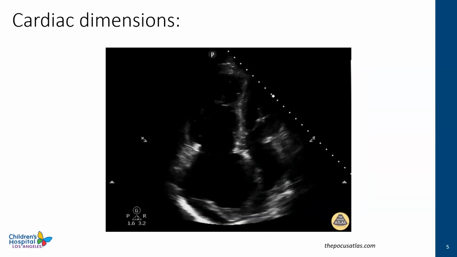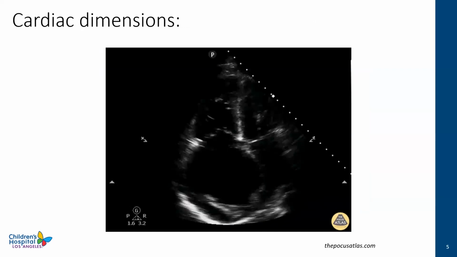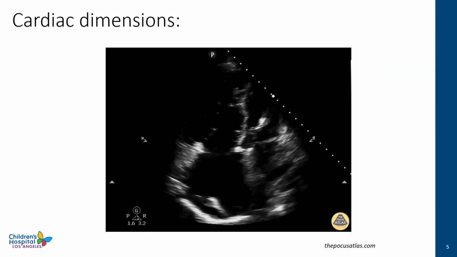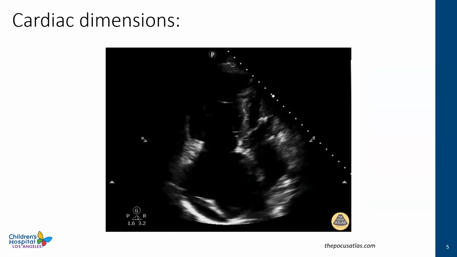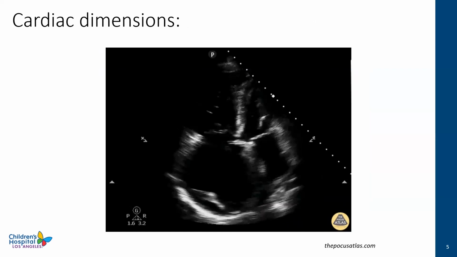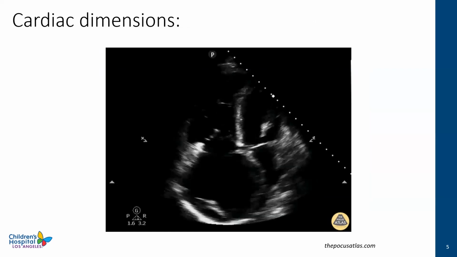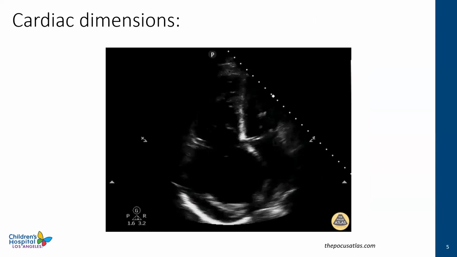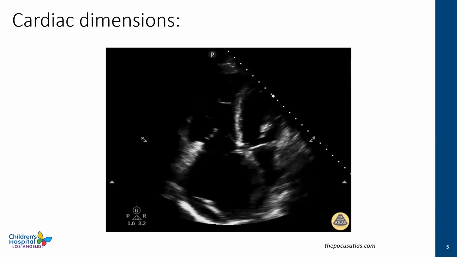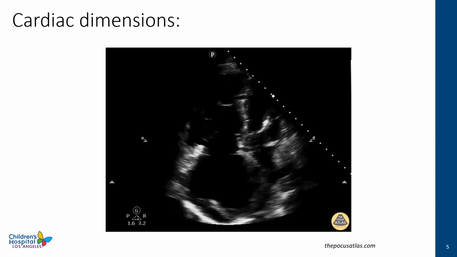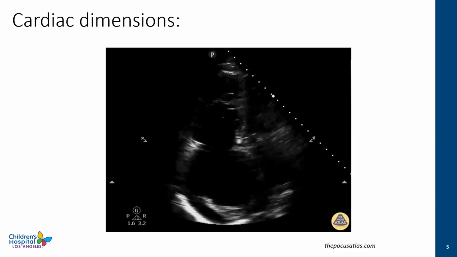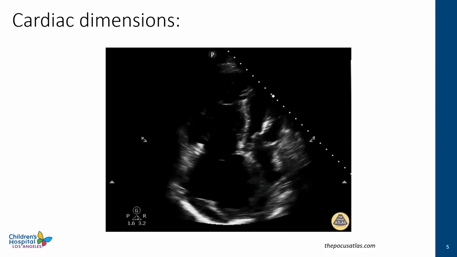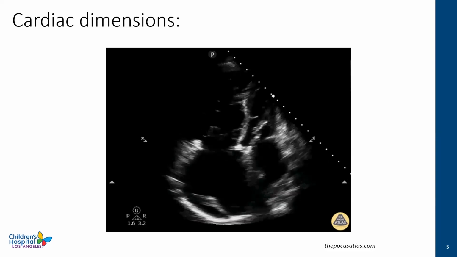So the next few slides, I just wanted to go over some examples of POCUS where I think qualitatively we are able to see what is abnormal, but then also to understand what the limitations are in just using an eyeball method. So in this example, you have your 4-chamber view, and you can see that the right part is enlarged. In pediatrics and in less obvious cases, it may be hard to tell if the right side is truly enlarged or if your left side is hypoplastic.